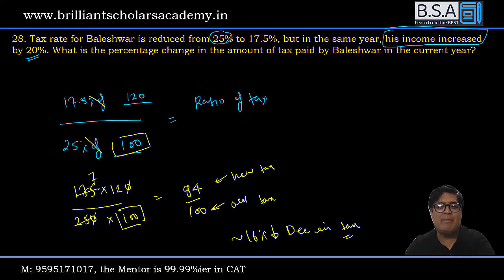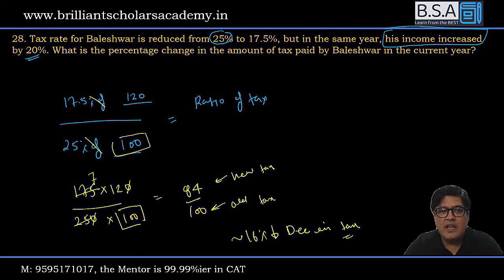Baleshwar will be very happy with this change. In fact, I know 2 people named Baleshwar. Both Himachalis. What a coincidence. So for Baleshwar, the total tax is decreasing by 16%.